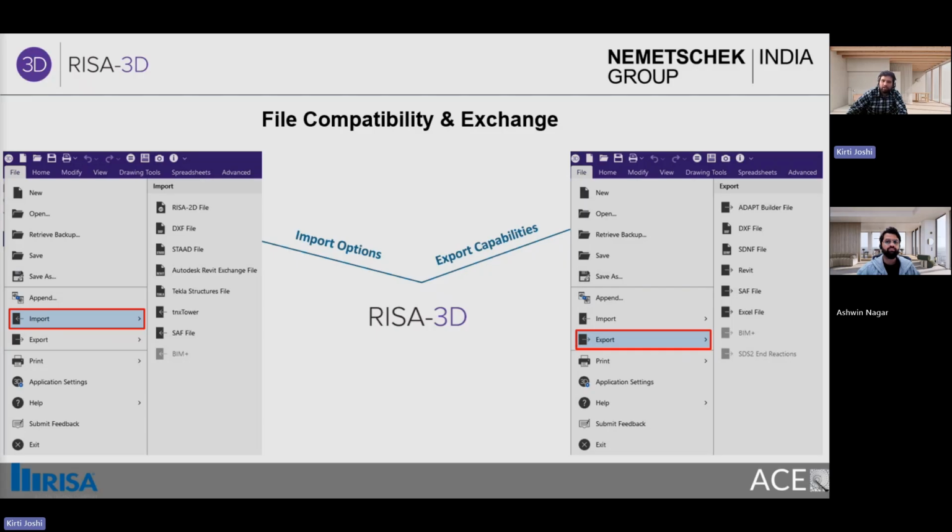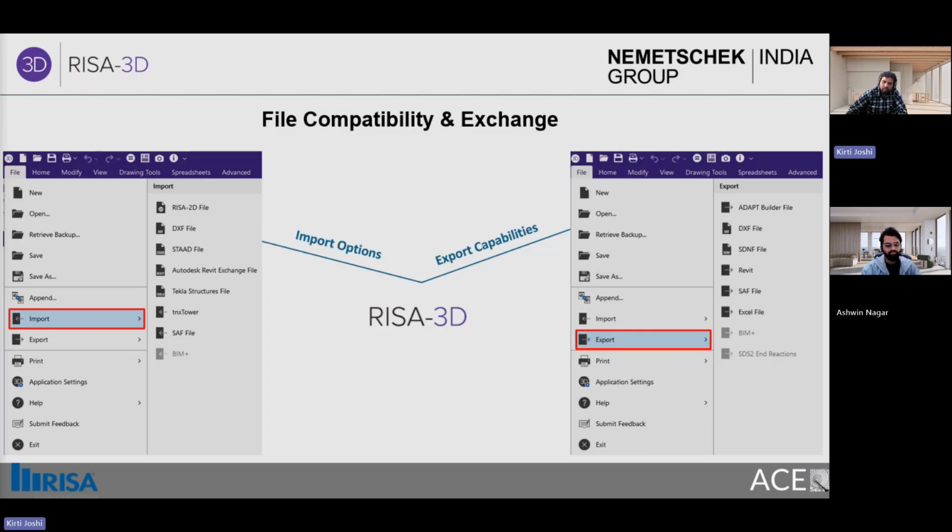Also on the right-hand side, you can see the export options that RISA supports. You can export it into DXF and into Area Builder, which is for concrete design, and the STF file format you can transfer, and you can transfer the model back to Revit as well, and also to the STNF file. This STNF is a file format that is used by a number of steel CAD and steel detailing tools.